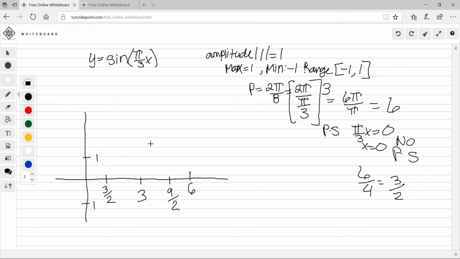Now just plug in the points. So when you plug in 3/2 into the function, you get positive 1. So this is 3/2, comma 1. When you plug in 3, you get 0. Now remember, this is only one cycle. If you wanted to do the second cycle, you could do -3/2, -3, etc. Okay, so when you plug in 9/2, you get -1.